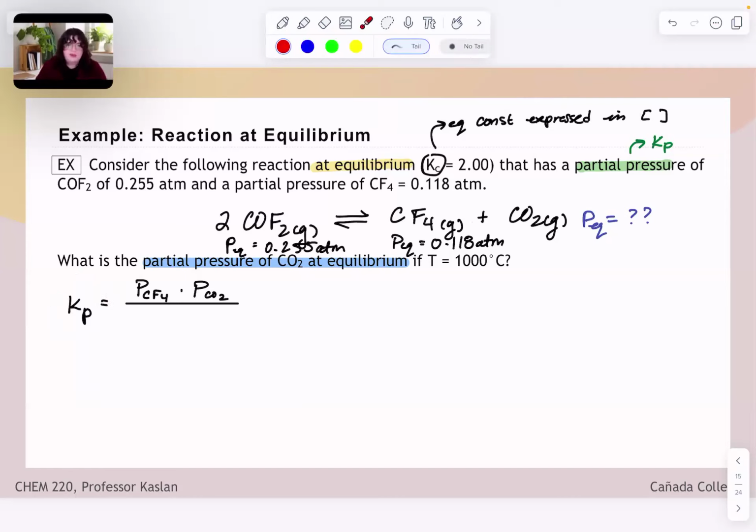And we knew that because we were told that we existed at equilibrium with these pressures. So we're good there. And then our product partial pressures have to be divided by our reactant partial pressure. So this is our partial pressure of COF2. And notice that COF2 has the stoichiometric coefficient of 2, so this partial pressure needs to be squared. So our goal is to solve for the partial pressure of CO2.